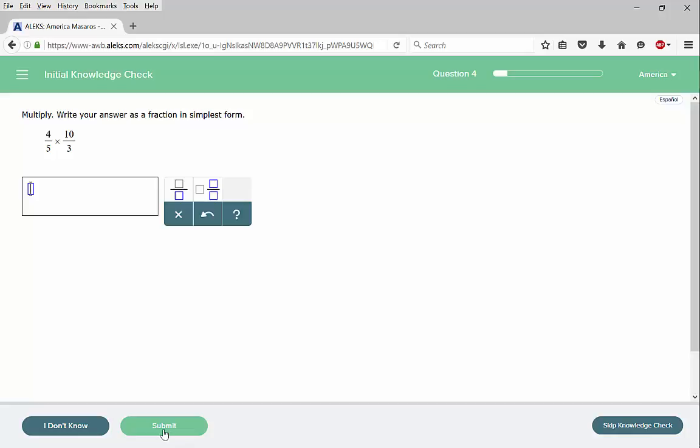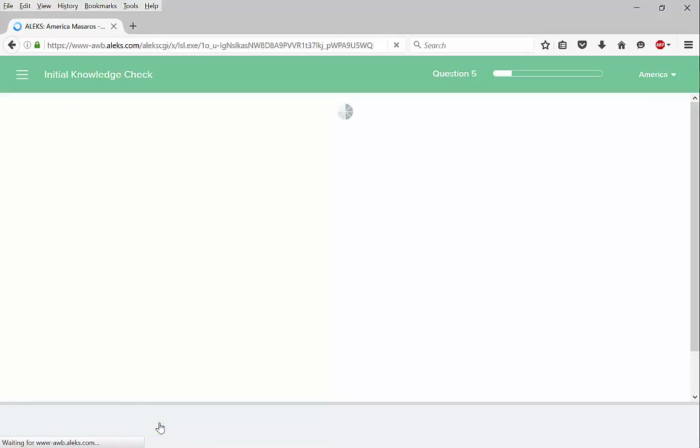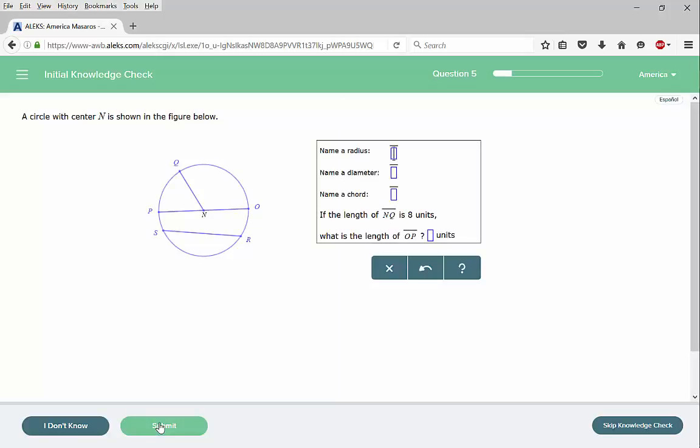Notice it told me to answer as a fraction in simplest form, so I had to make sure to simplify that. 40/15 would not have been correct. Okay, so I'll submit this. No sense in you watching me take this whole assessment. I'm going to pause the recording now, and we'll meet up on the other side of the assessment.